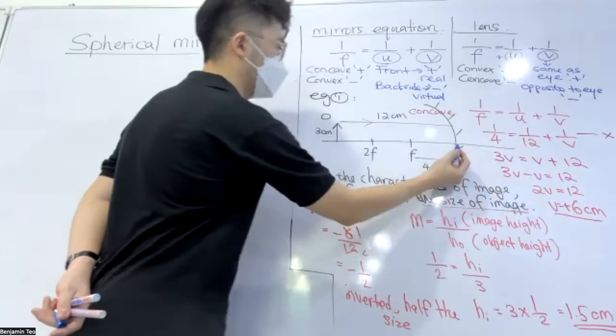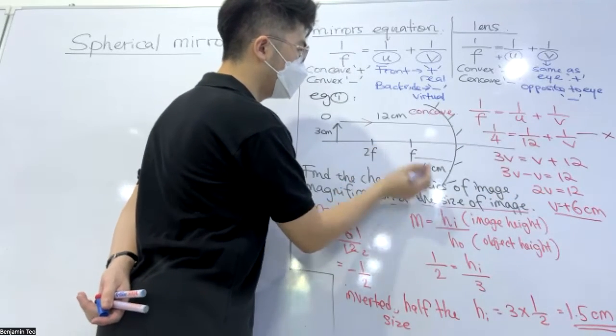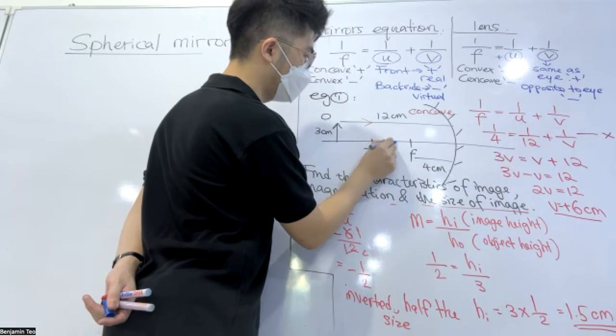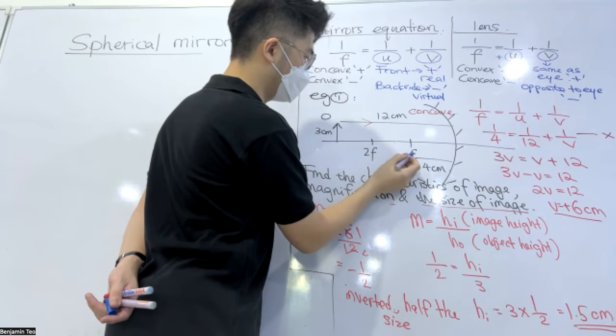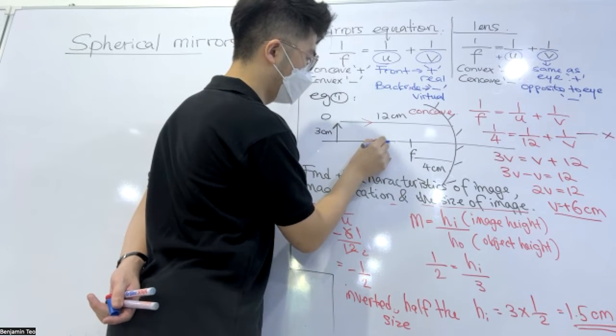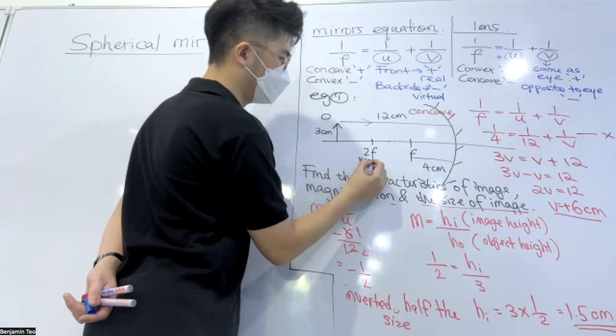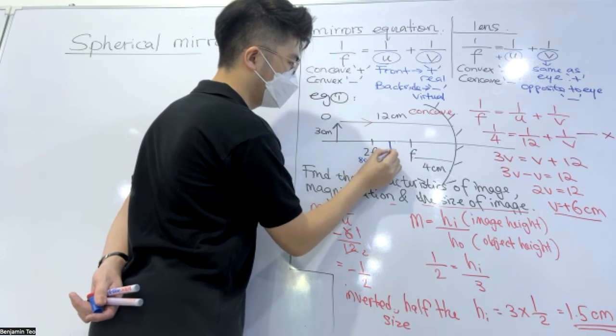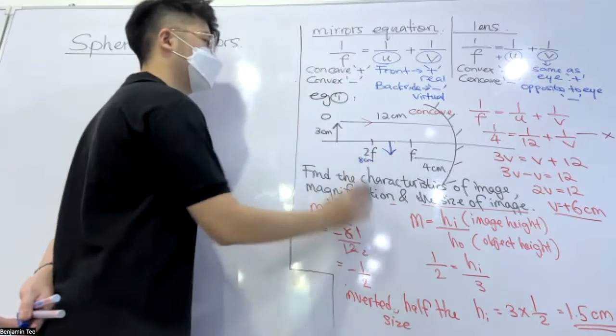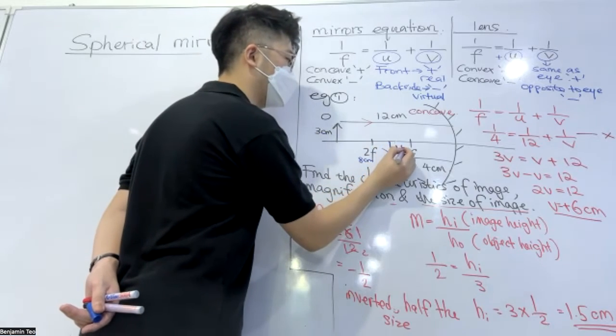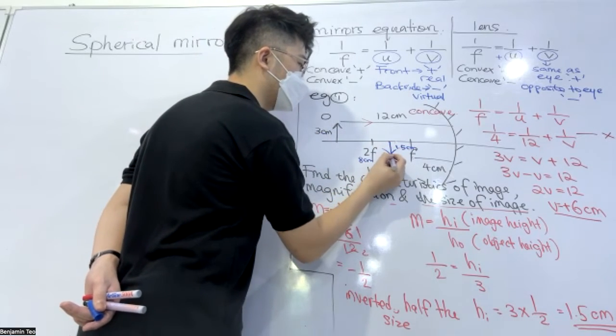So plus 6 cm. So on front side of the mirror, 6 cm inverted. 4 somewhere here in the middle. This is 4 cm. This is 8 cm. So in the middle, inverted. Half the size, 1 point. This is your image.